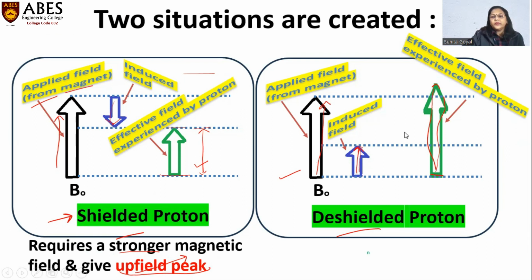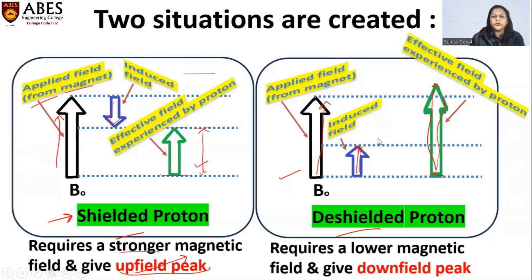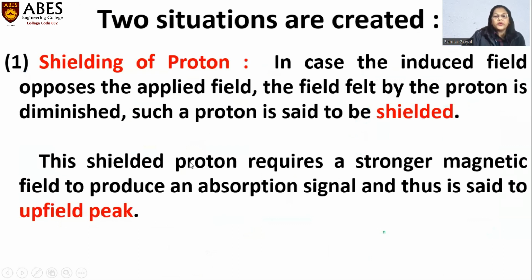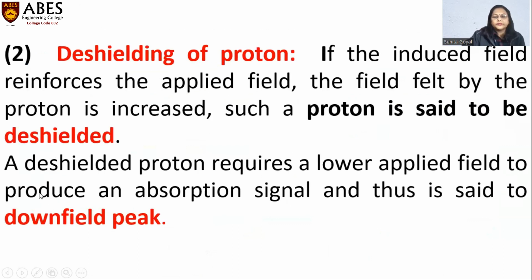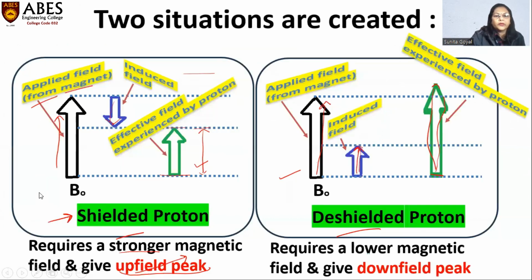While in the case of a de-shielded proton, it requires a lower magnetic field, because the induced field is reinforcing, therefore it requires a lower magnetic field.